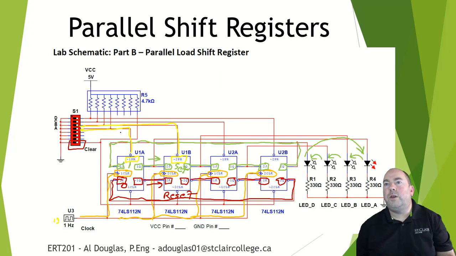So if you wanted to set up a pattern of 1, 1, 0, 0, what you would do is you would set this switch and this switch. That would trigger the preset here and preset here.